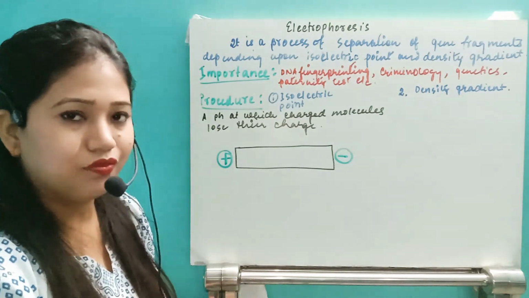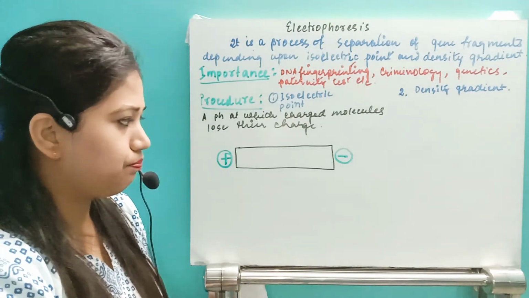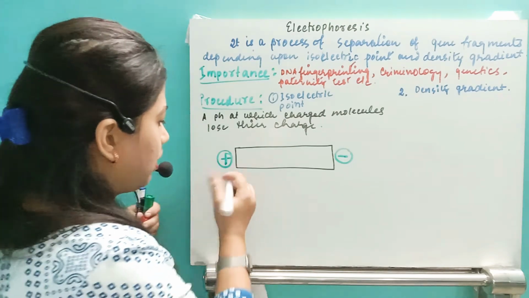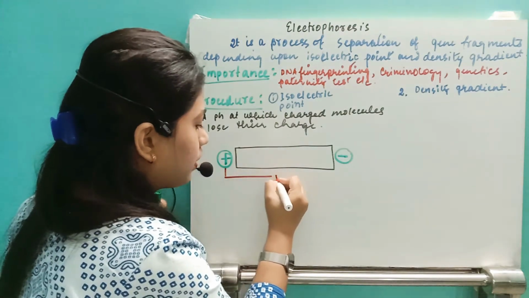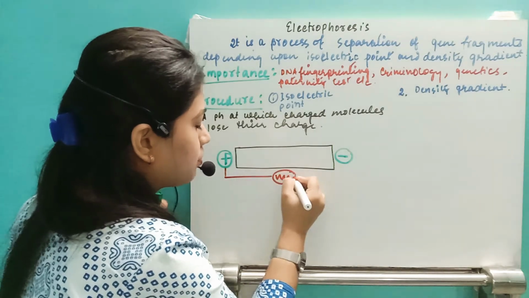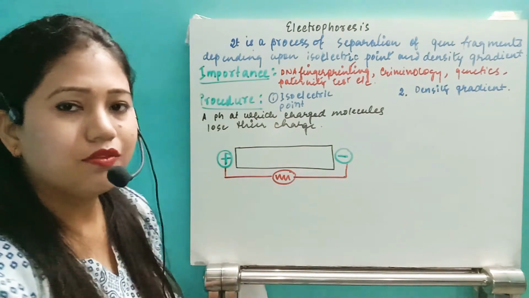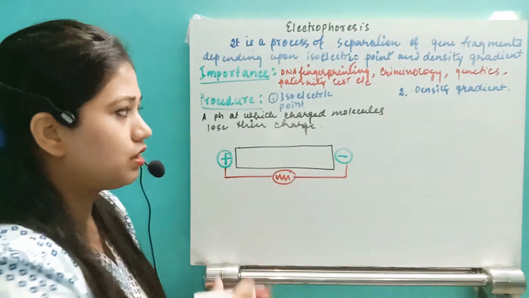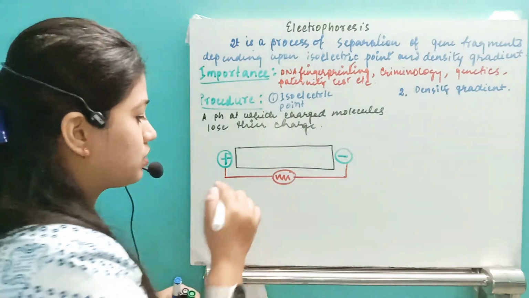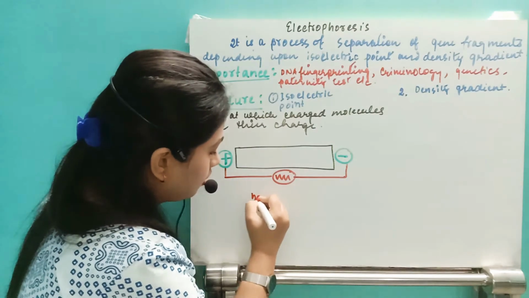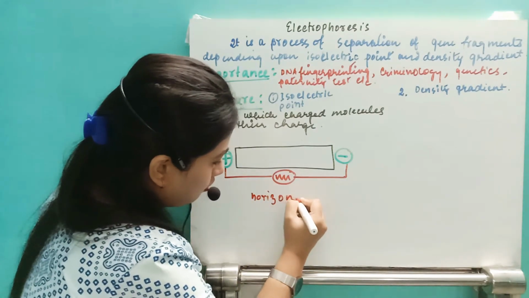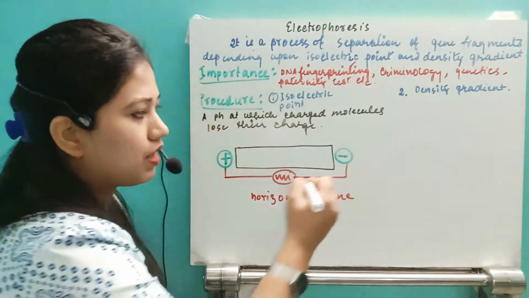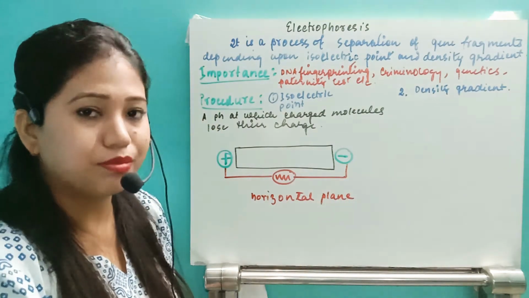Then after that, whenever we add an electric current, what will happen? Whenever electricity runs through this gel, here this is the horizontal plane. In that horizontal plane, how will the DNA fragments get separated?